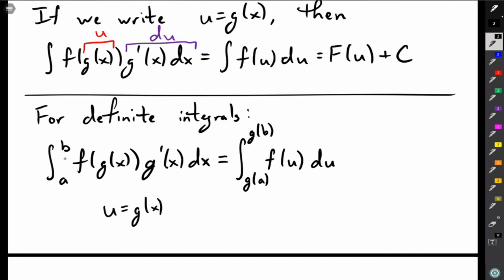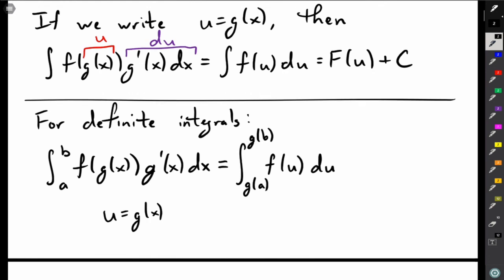These bounds are in terms of x. We take a, plug it into here, and we get that new lower bound. We take b, plug it in here, and get the new upper bound. In other words, when x is equal to a, u is equal to g of a. When x is equal to b, u is equal to g of b.